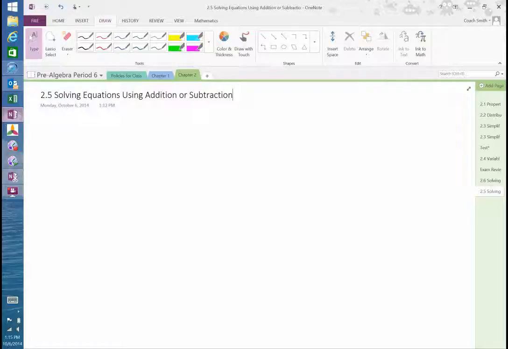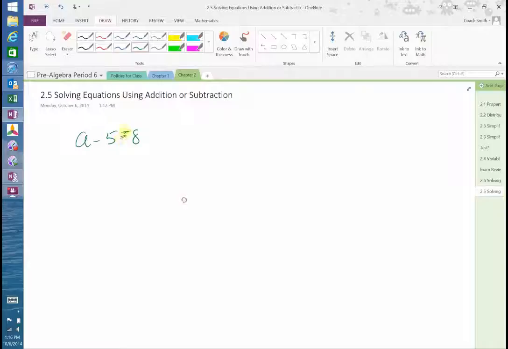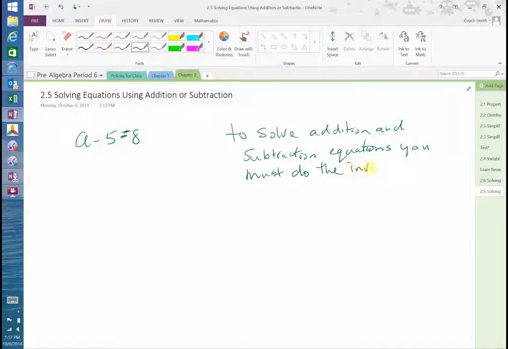For example, if I had the equation a minus 5 equals 8, to solve addition and subtraction equations, you must do the inverse operation of what is being done in the equation.